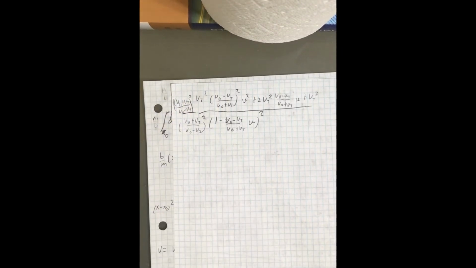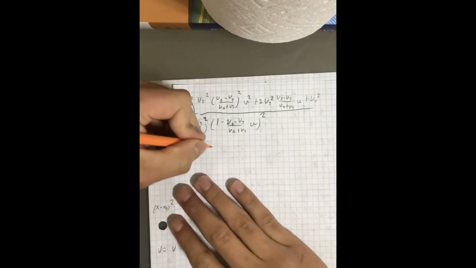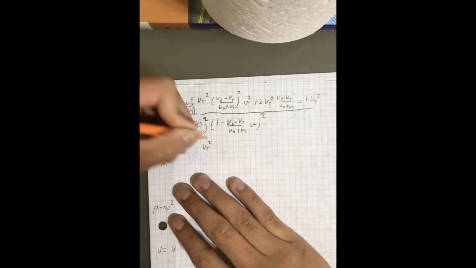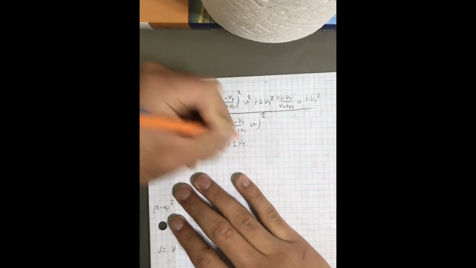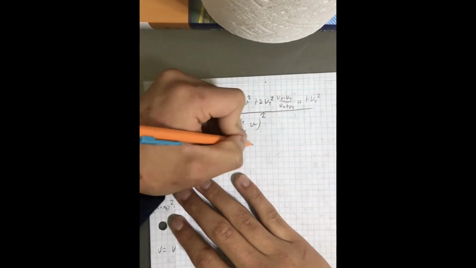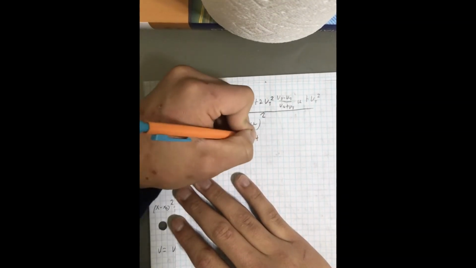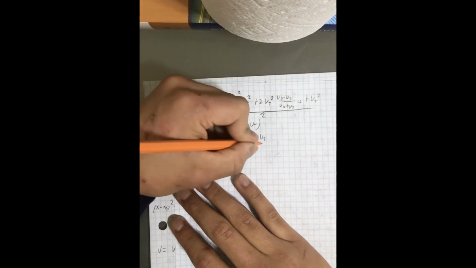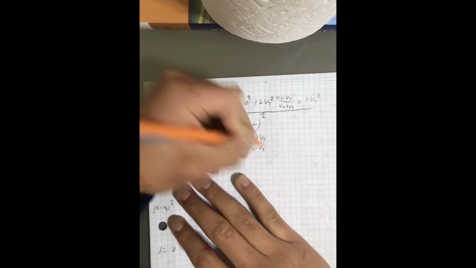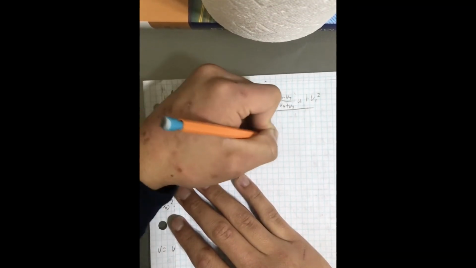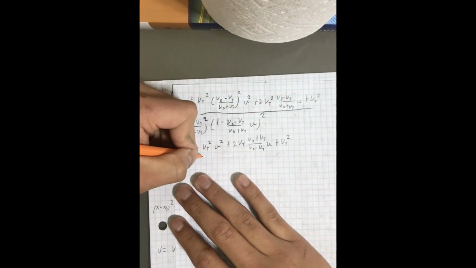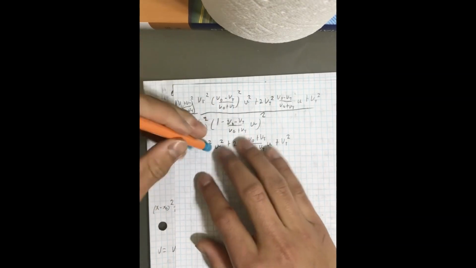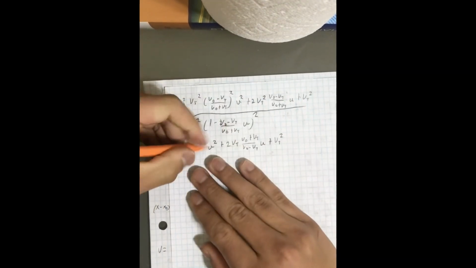Okay, and so on the top, we're going to get Vt squared u squared plus 2Vt. The first one's going to cancel, so we get (V naught plus Vt over V naught minus Vt) u plus Vt squared. And this is all over, actually, we're going to factor out a Vt on the numerator.